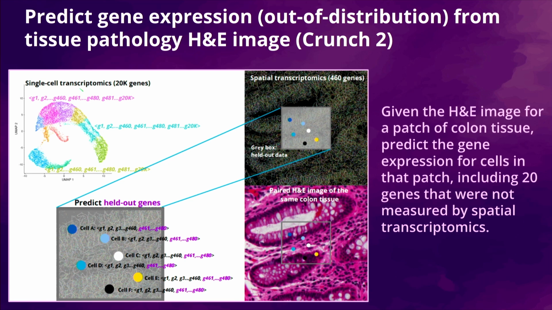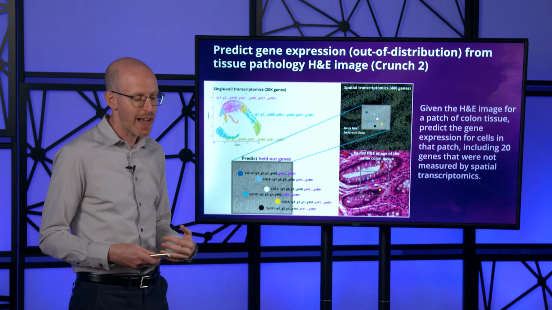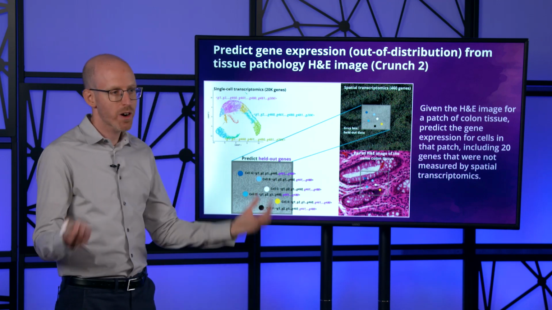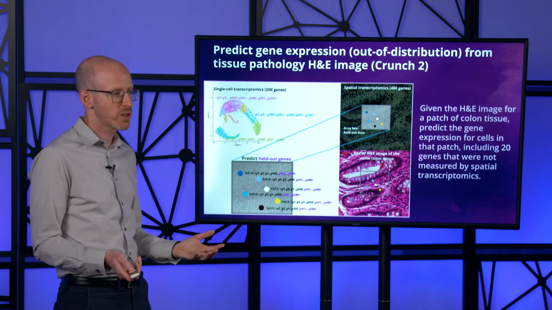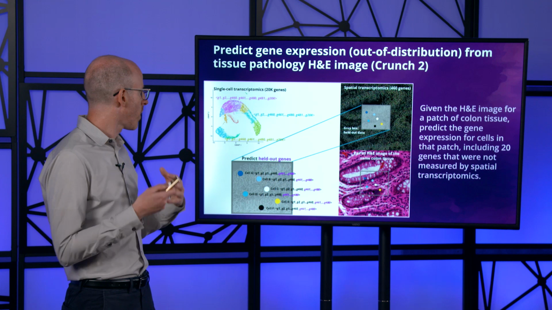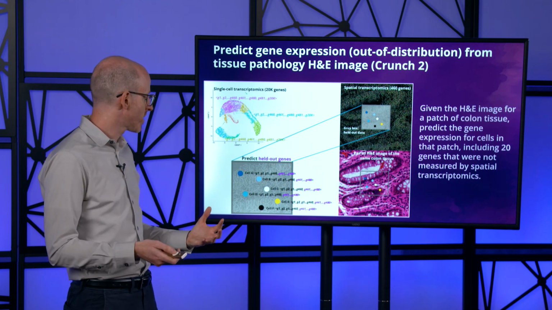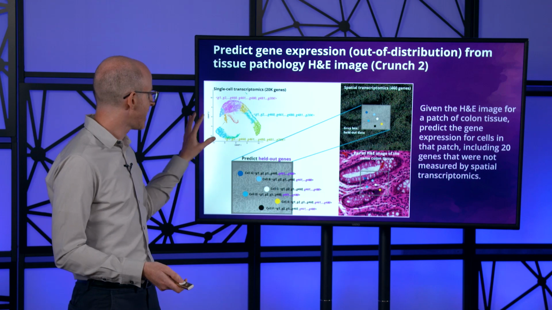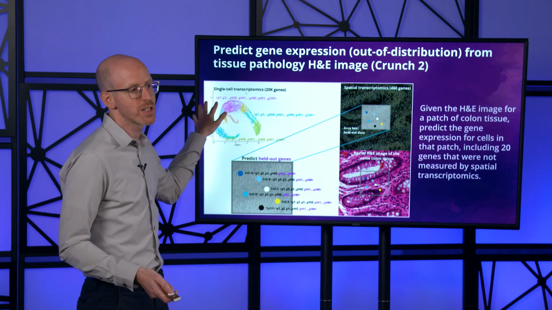So you're not going to just be predicting genes 1 through 460, but also genes 461, 462, all the way to 480. And now you're asking, well, how would I know anything about those 20 genes? This is where all our background about single-cell transcriptomics comes in. We are going to provide you with single-cell transcriptomics data from ulcerative colitis patients, and that data has all 20,000 genes measured.